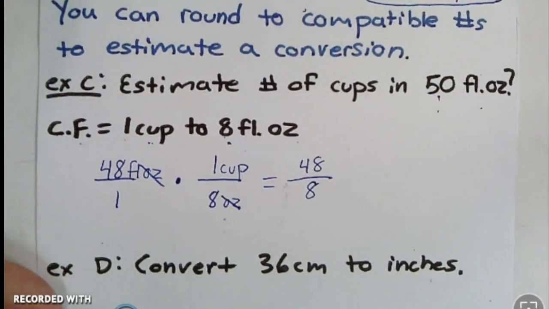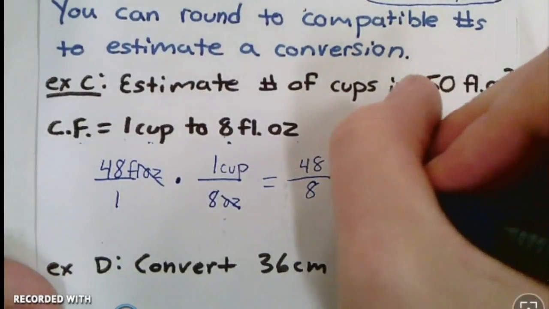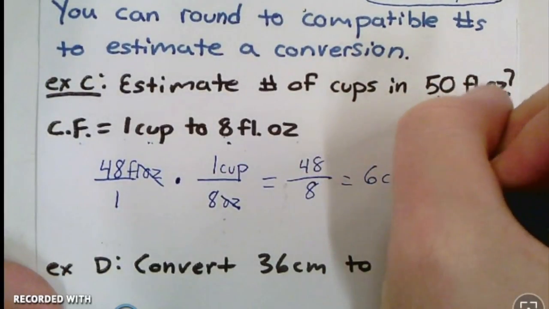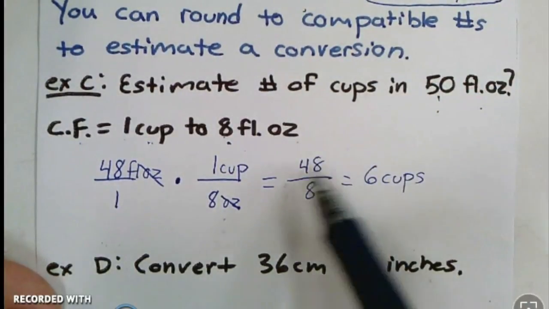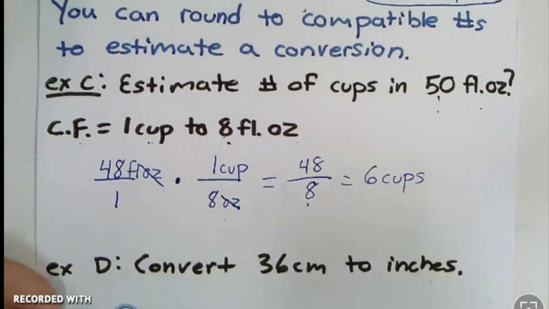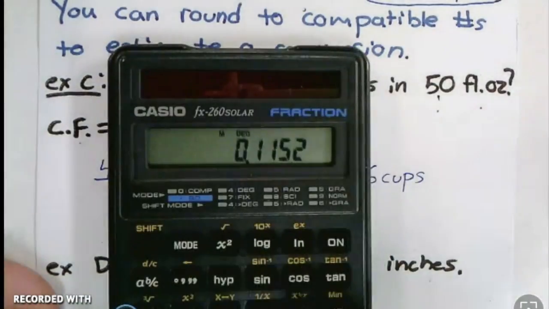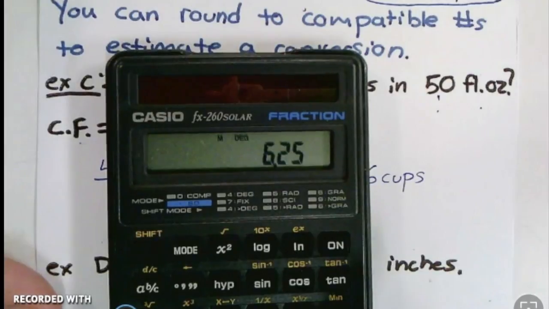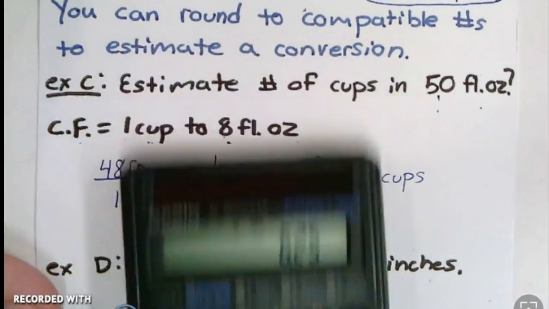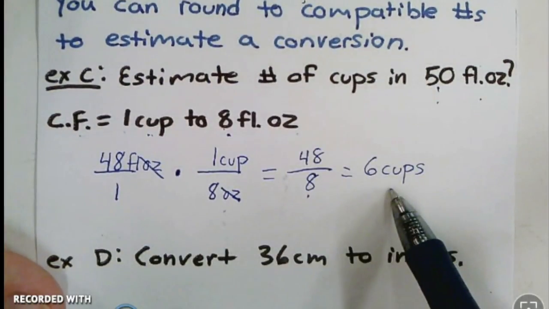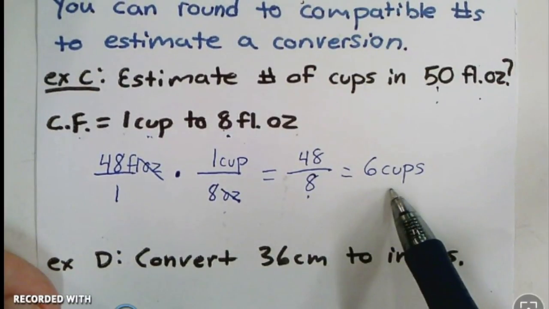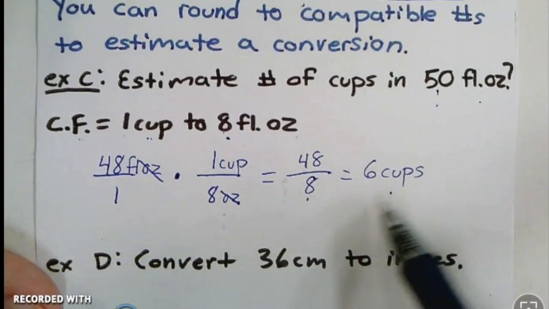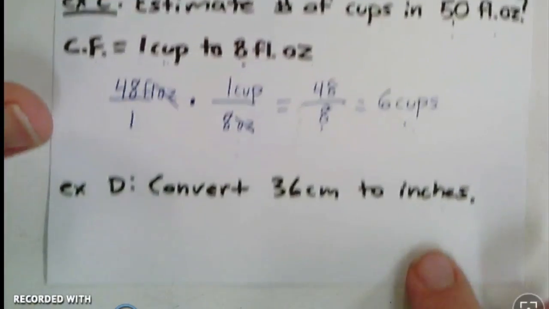When I divide 48 by 8, I know that it's going to be about 6 cups, because I can do that in my head since it's not actual. Now, if I were to solve that instead of using 48, I would have divided 50 by 8, and that would have given me 6.25. So the real answer was 6.25 cups, but we'll go with 6 cups as an estimate.